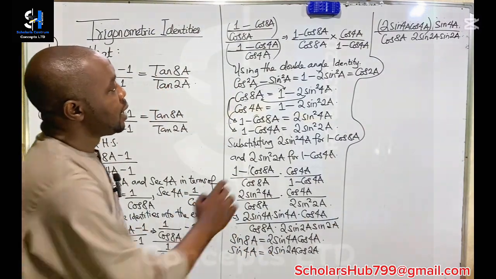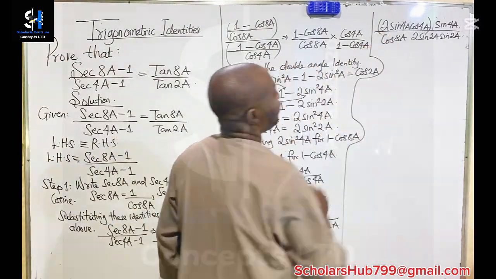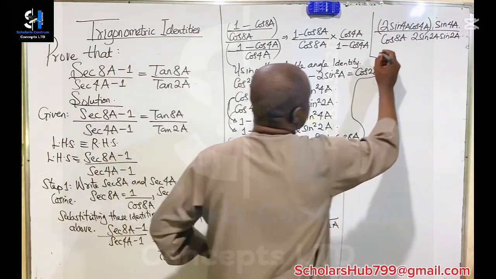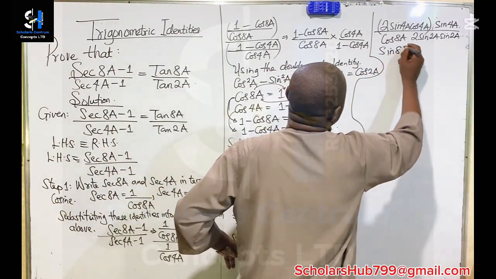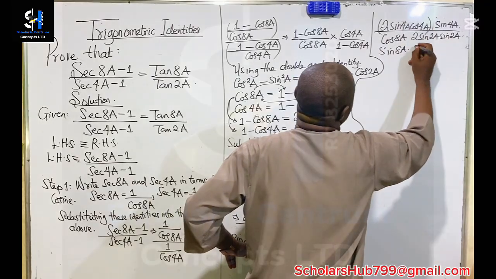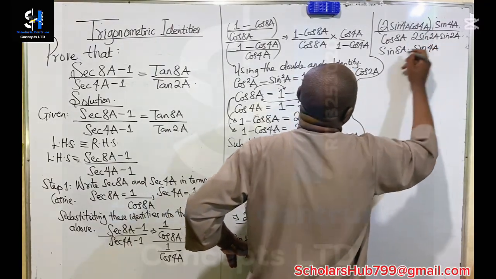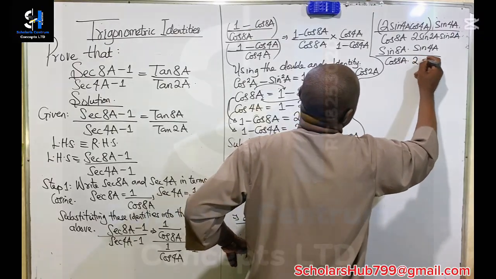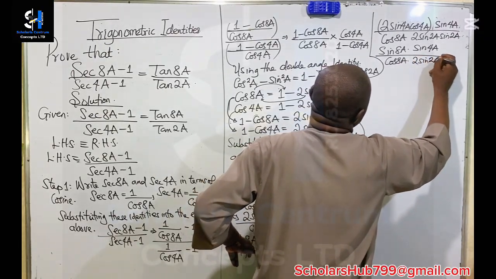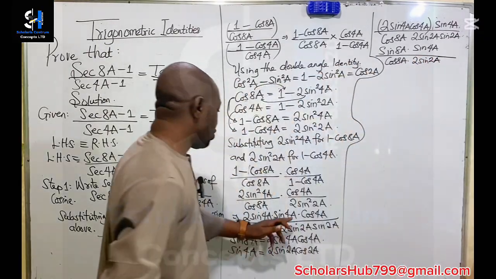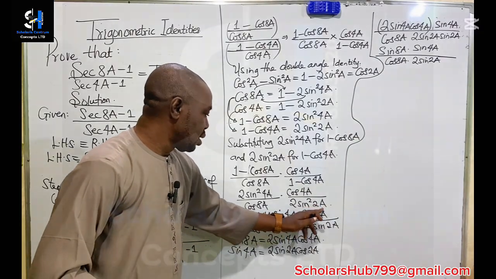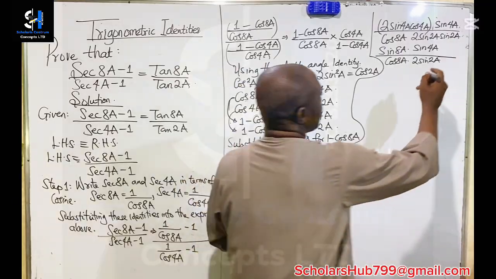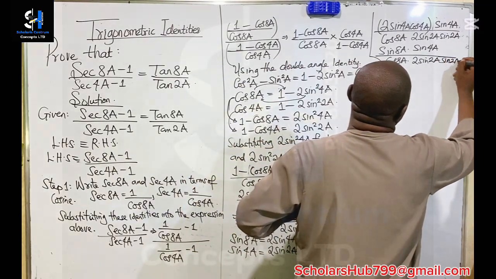So now we can see here that 2 sine 4a cos 4a will be equal to sine 8a. So this will be sine 8a multiplied by sine 4a over cos 8a, multiplied by 2 sine 2a, because remember we have 2 sine square 2a, and sine square 2a is sine 2a sine 2a.